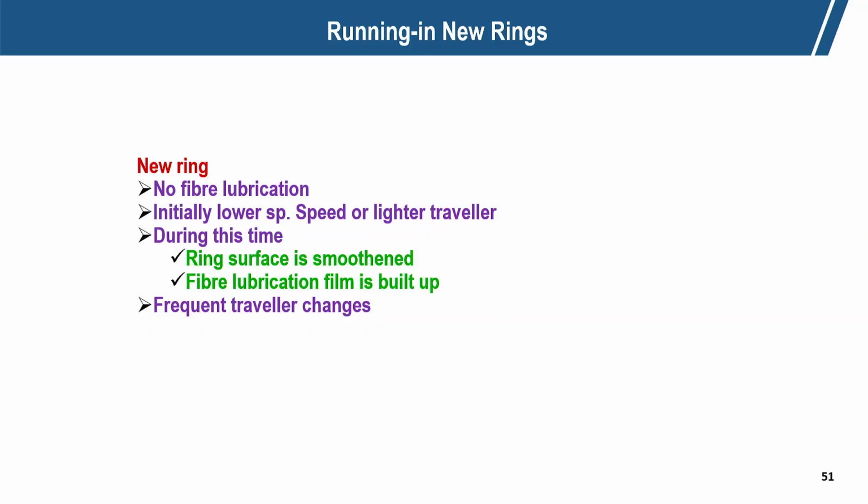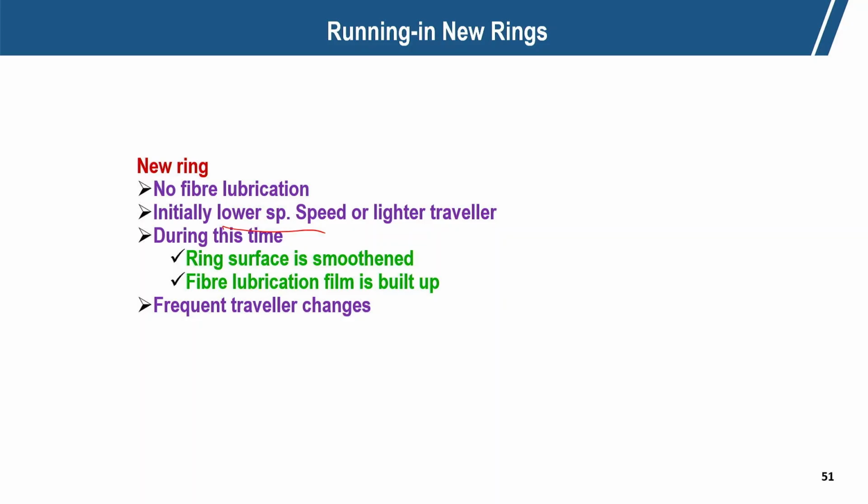For a new ring, there is a term called running-in time. When we replace the ring surface with a new ring, no natural fiber lubrication is there. So, initially we have to run with a lower speed or a lighter traveler.